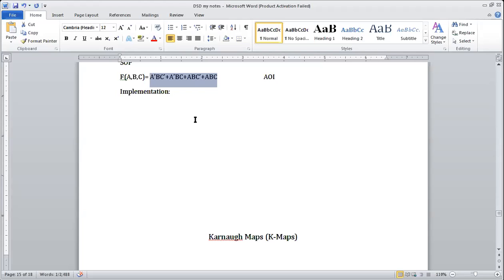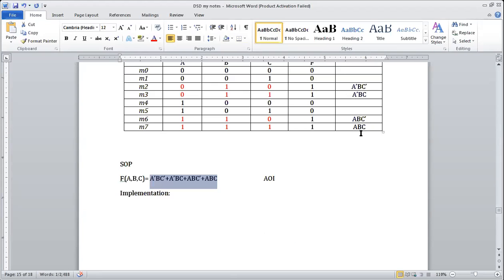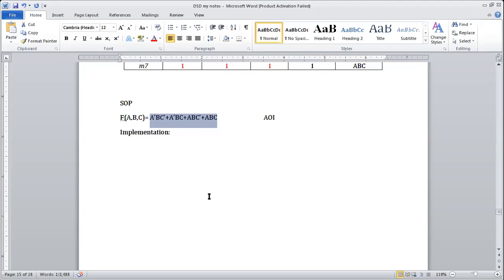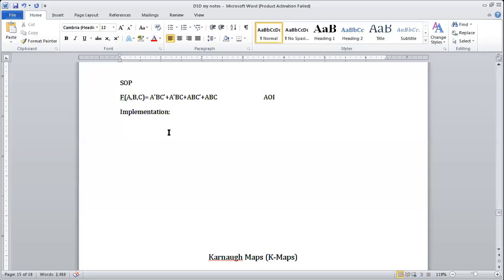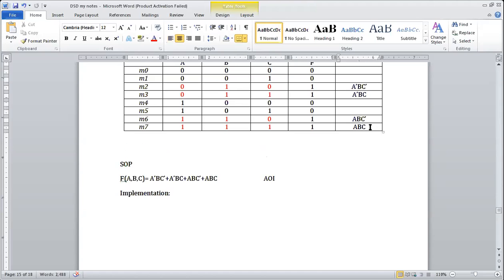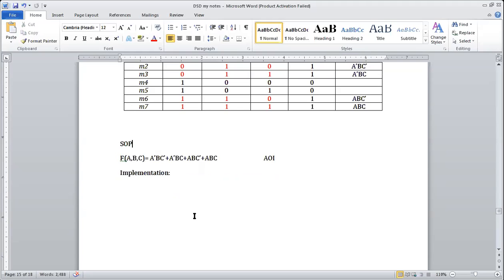Suppose here only three variables are there, so I have implemented the logic diagram very easily. But if I have four input variables or five input variables, then I may get many product terms. To implement those product terms, it will be very complex for me to draw or to design the logic circuit.